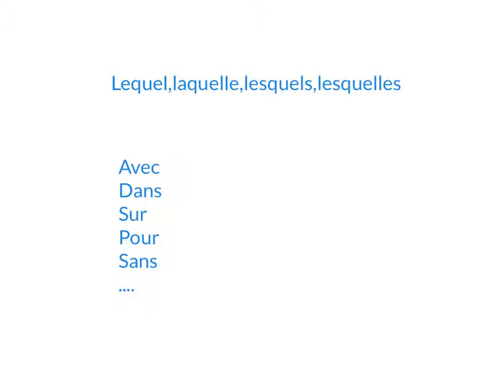Now, with those prepositions, we're going to leave them as they are, but we're going to use lequel, laquelle, lesquels, or lesquelles. So again, you've got masculine, feminine, lesquels is masculine plural, and lesquelles is feminine plural. And we use these with any other prepositions apart from à and de.